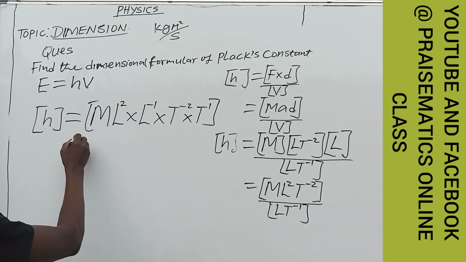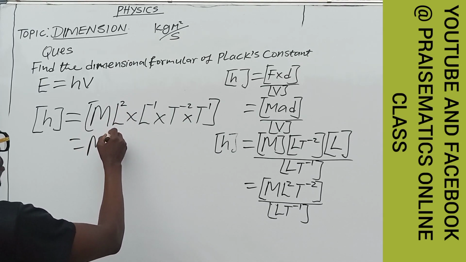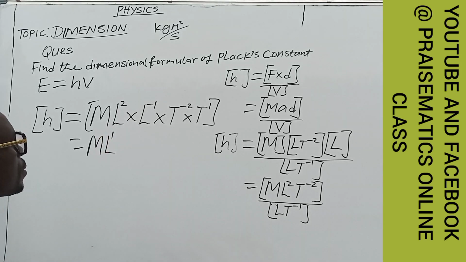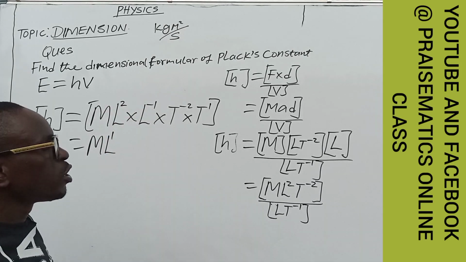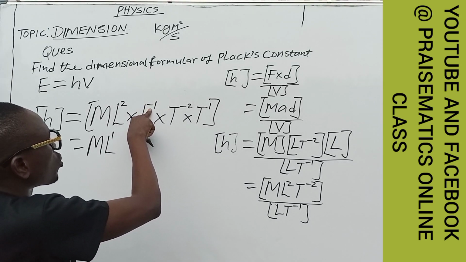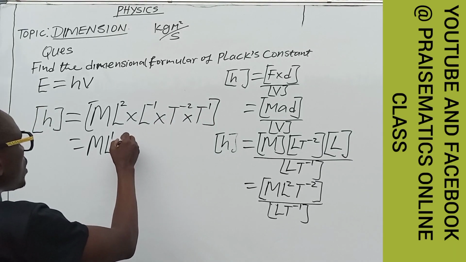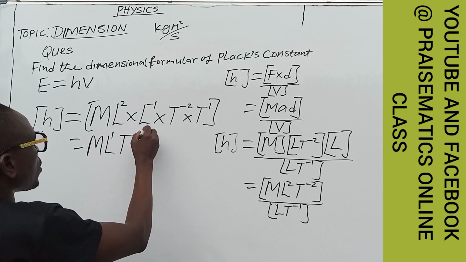Now what do we have? This is the same thing as m into L raised to power 1, by the law of indices, 2 minus 1 gives us 1, into t raised to power minus 2 plus 1, which gives us t raised to power minus 1.